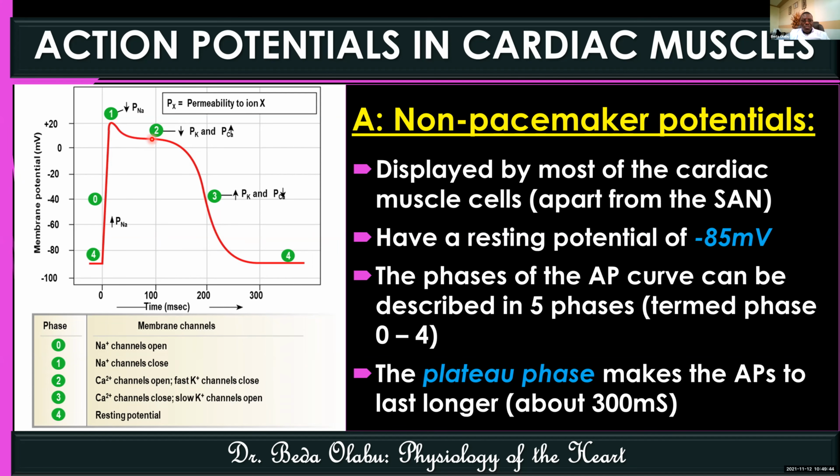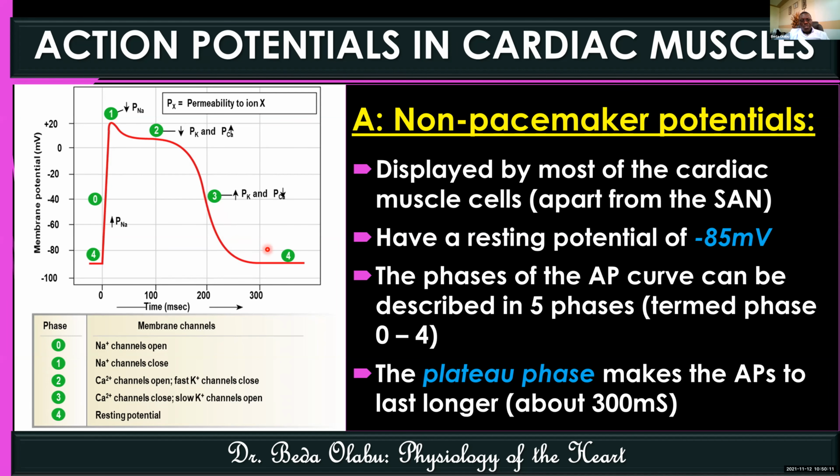After the plateau phase, we now go to phase 3. Phase 3 is the phase of membrane repolarization, similar to what we have in neurons. And remember, that one is caused by opening of voltage-gated potassium channels, therefore causing potassium efflux.